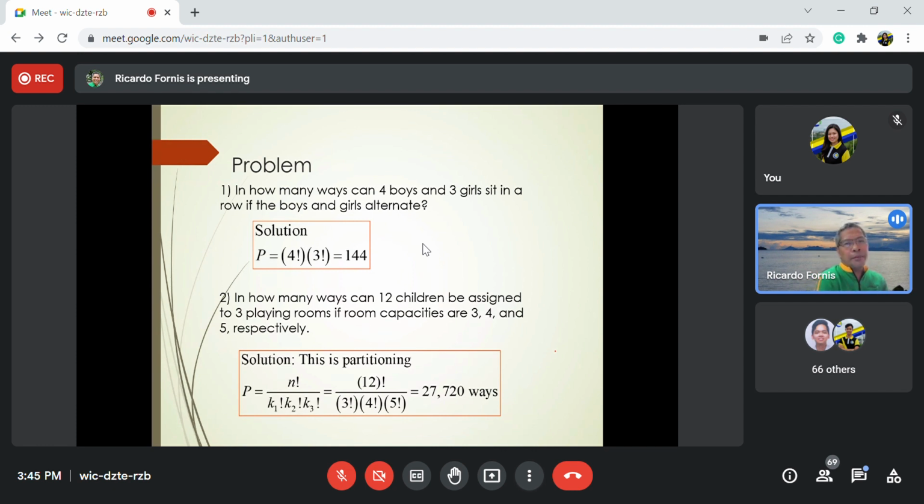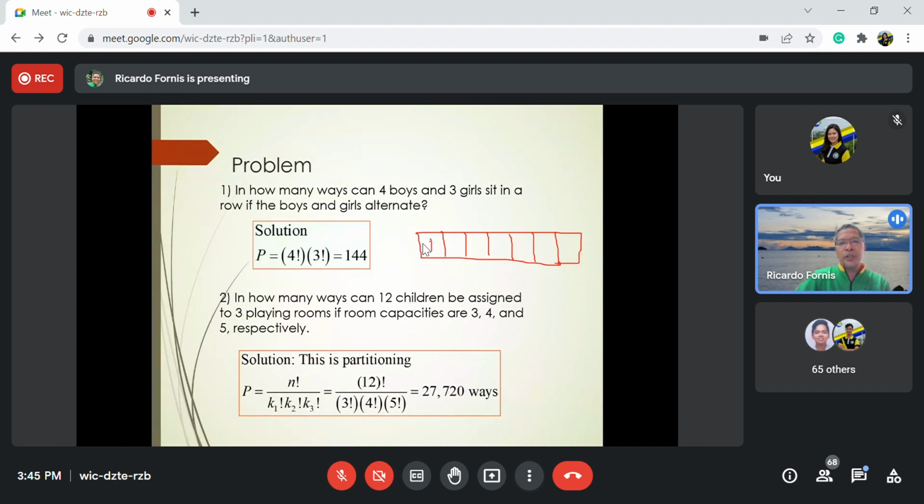Okay, number 1. In how many ways can 4 boys and 3 girls sit in a row if the boys and girls alternate? In how many ways? So, since there are 4 boys, the possibility is we will provide 7 seats. So we have 1, 2, 3, 4, 5, 6, and 7.